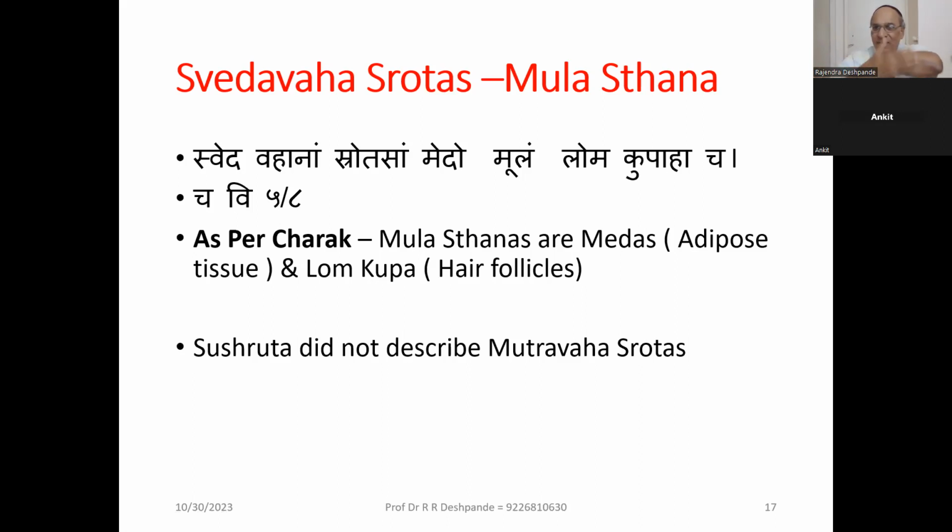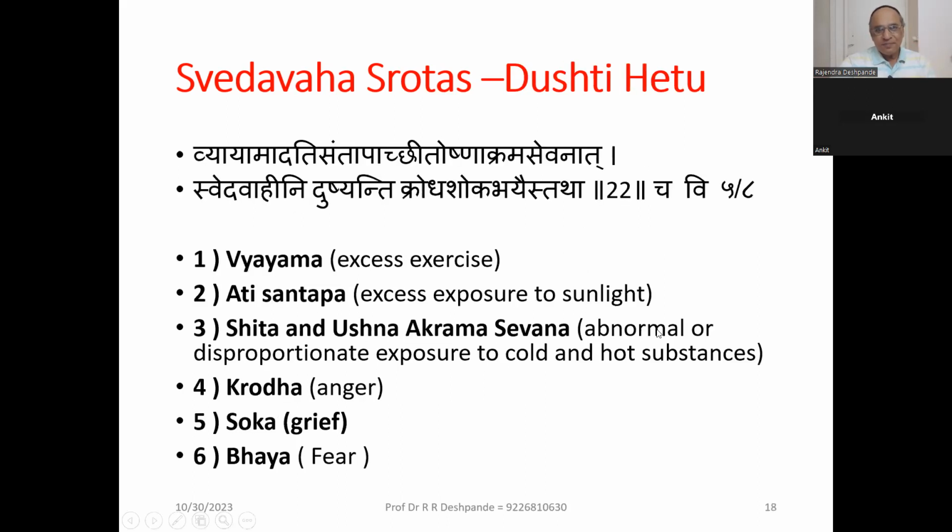There are sweat glands behind the epidermis and dermis. So the hair follicles are definitely connected with sweating. But fat also: whenever there is an obese, fatty person, he gets a lot of sweating. Remember those things. Also a Pitta Prakriti person gets a lot of sweating. Sushruta did not describe the Mutravahasrotas.